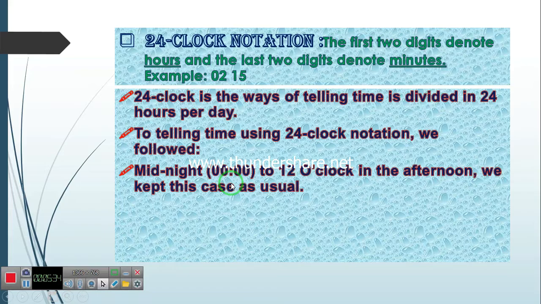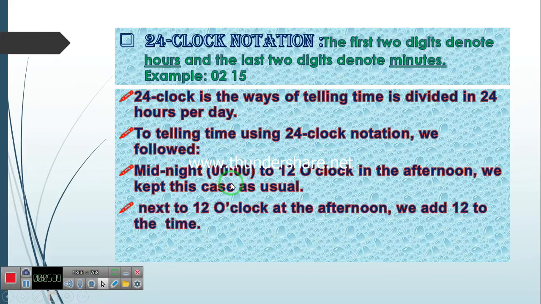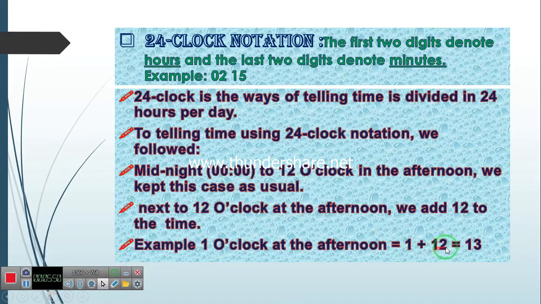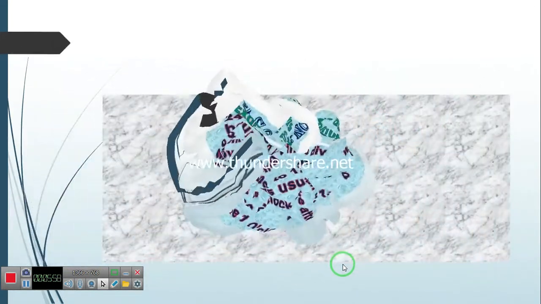We don't change anything. But next to 12 o'clock in the afternoon, we add 12 to the time. For example, 1 o'clock, next to 12, is 1, 2, 3, so we plus 12: 1 o'clock changes to 13, 2 o'clock changes to 14, and so on.